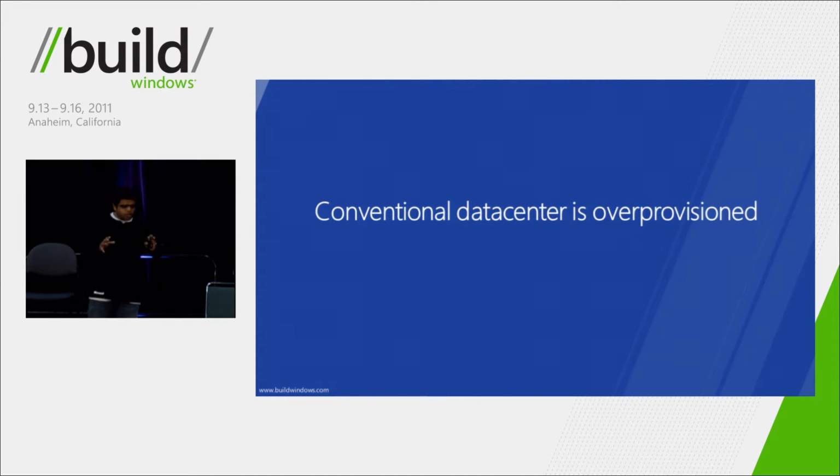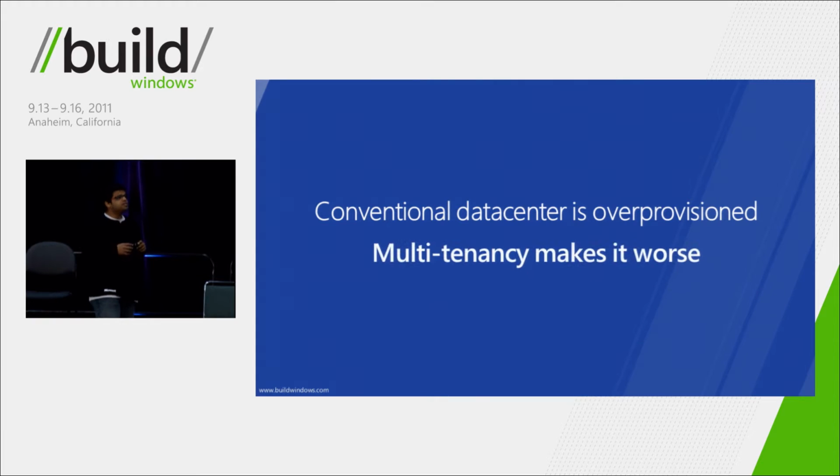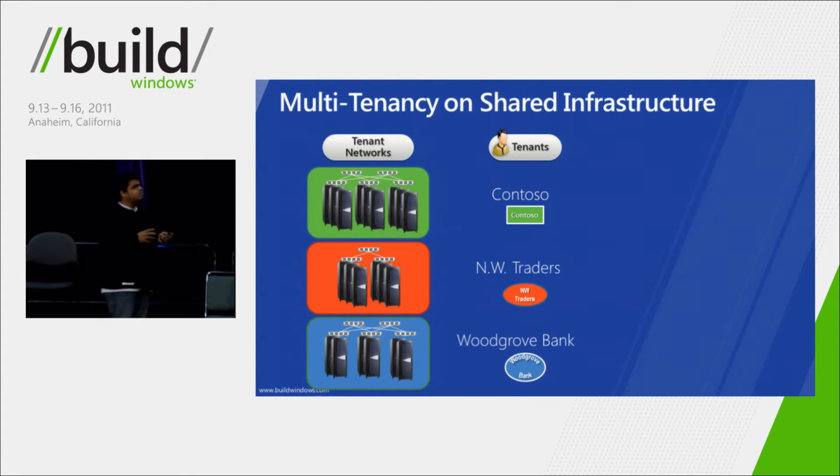So we showed you some reasons why data centers are over-provisioned and underutilized, resulting in a low return on investment. You bring in multi-tenancy, the problem is much, much worse. Okay? To motivate this, let's take an example. Let's say you're a public cloud service provider, and you're trying to onboard a bunch of tenants. And I'm using the word tenant here not simply to apply to public clouds.